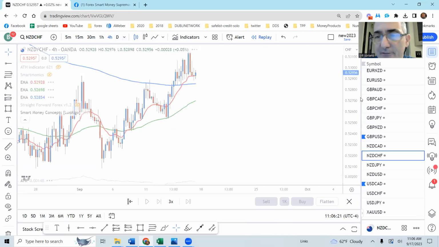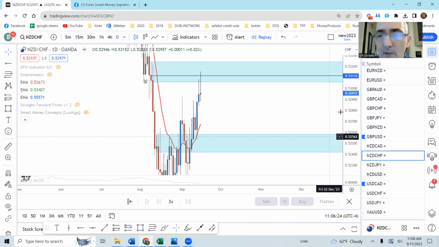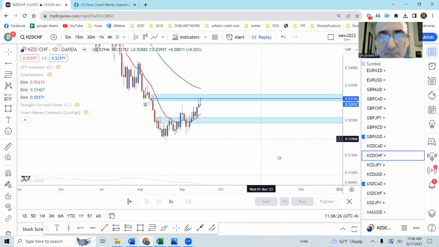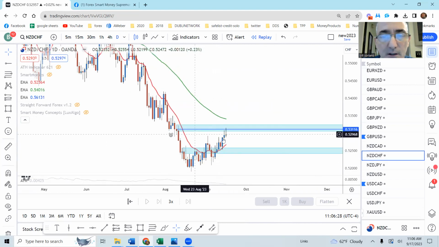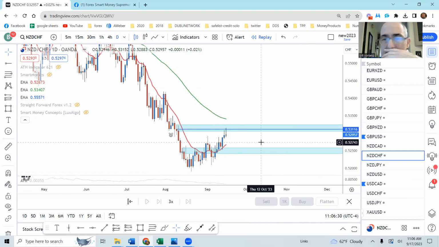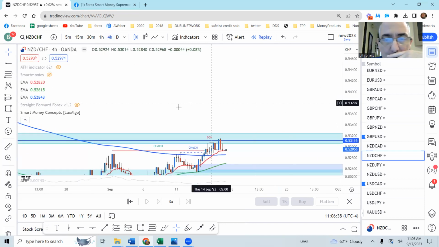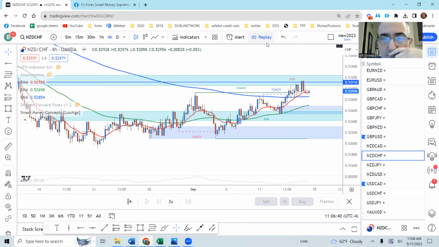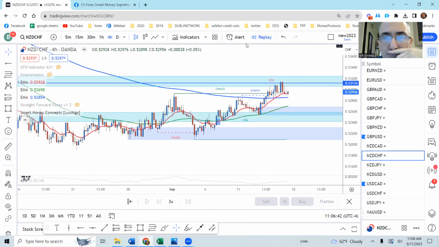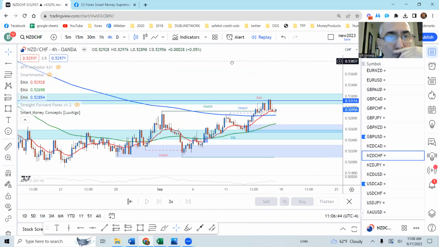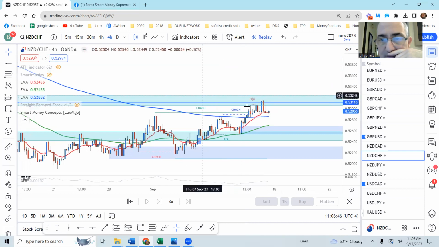NZD CHF. This is a bearish price structure on the daily chart. Looks like we have an order block that did get hit. So I'm not exactly sure what happened here. So again, we have this order block.